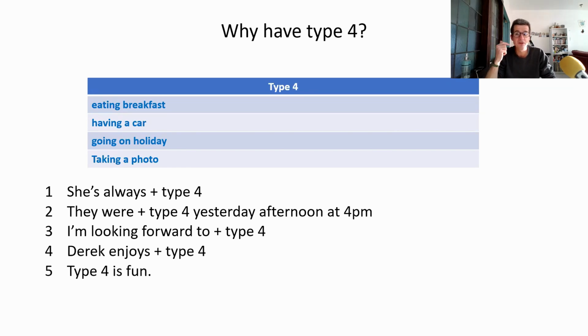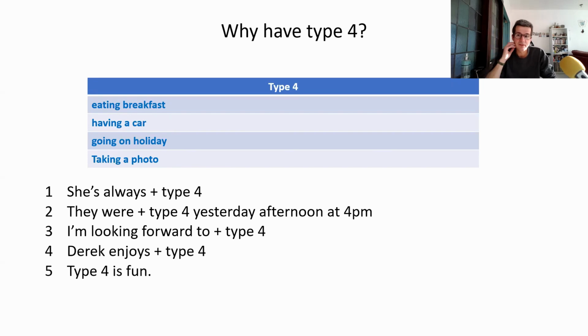But she's always going on holiday, possible. She's always taking a photo, or she's always taking photos, good use. They were going on holiday yesterday afternoon, possible. They were taking a photo yesterday afternoon, also possible, at 4 o'clock.